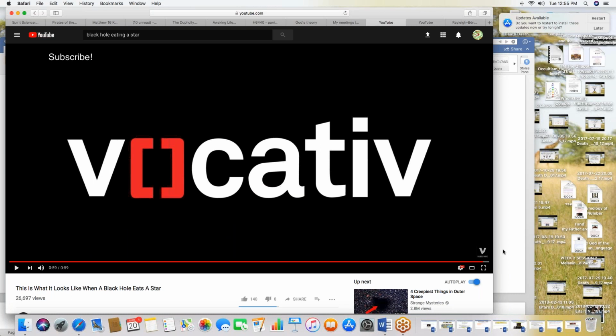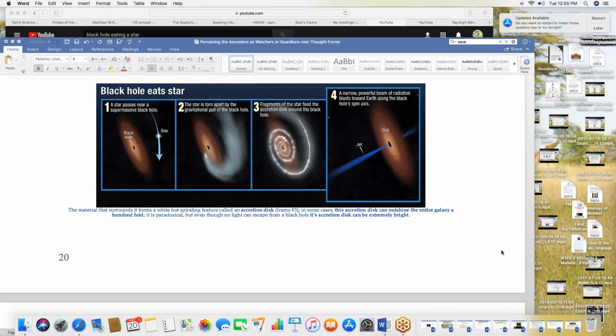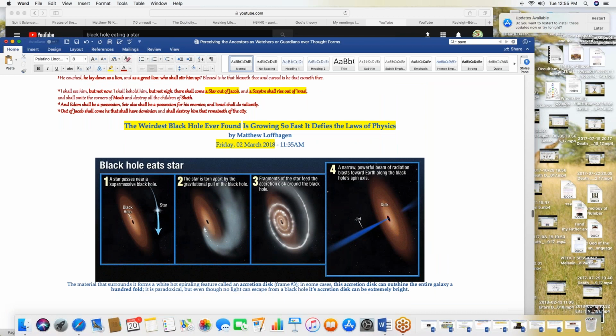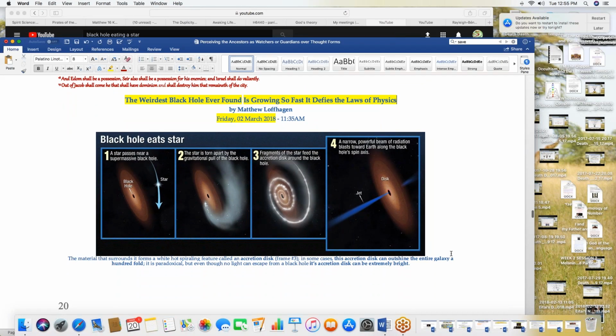Now, again, all of this is based on theory, and those are just models. No one has ever seen this, but they can do computer models, and that's pretty cool.